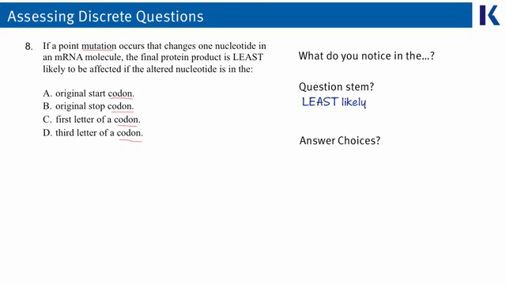This is another variation on those which of the following questions, although in this case we're looking for which of the following positions for an altered nucleotide is least likely to lead to an altered final protein. You may have also noticed that this question stem is relatively long with short answer choices.